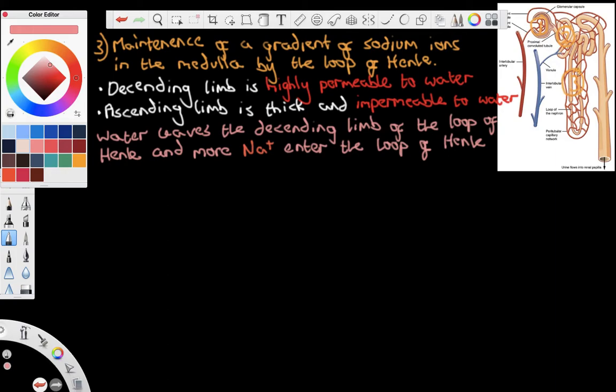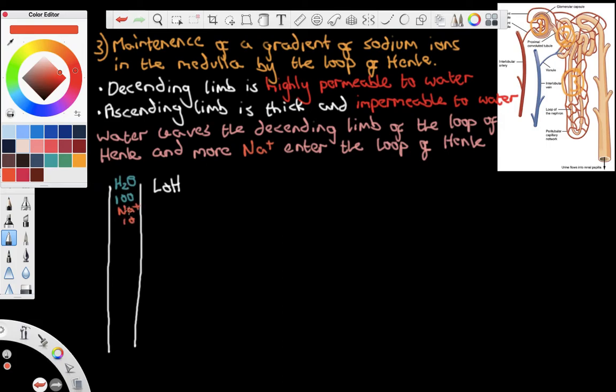Okay? So for example, if you've got the loop of Henle that's going down, so this is my loop of Henle, and you've got water molecules here, so H2O, that is, let's say, a value of 100 here, but the sodium ion concentration, so Na+, is 10.